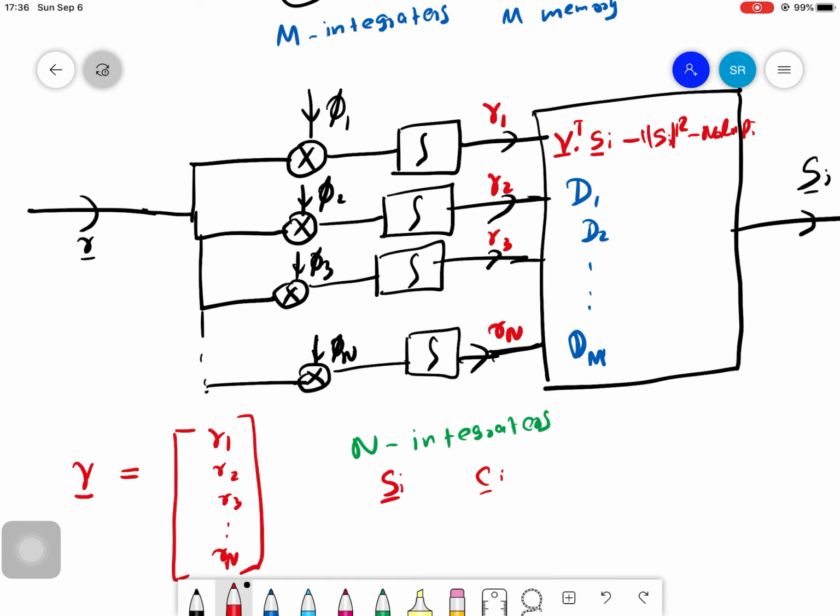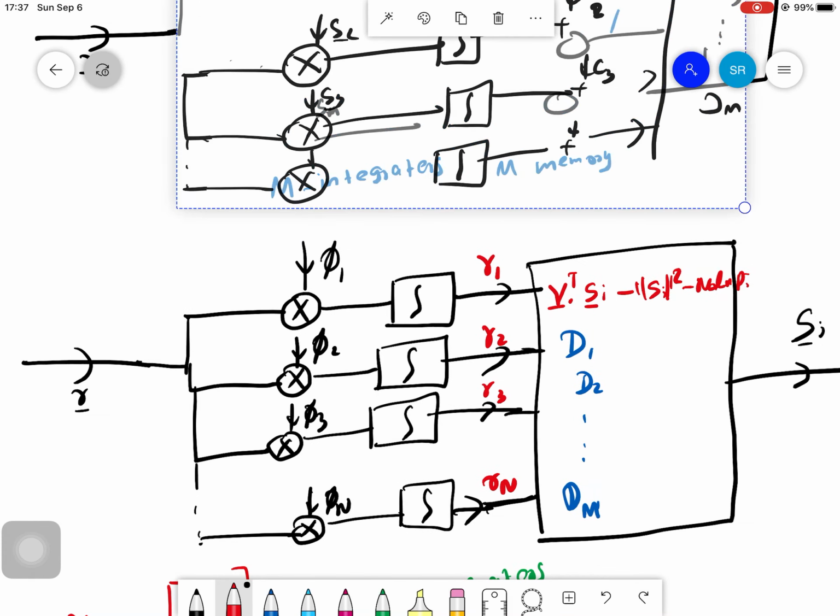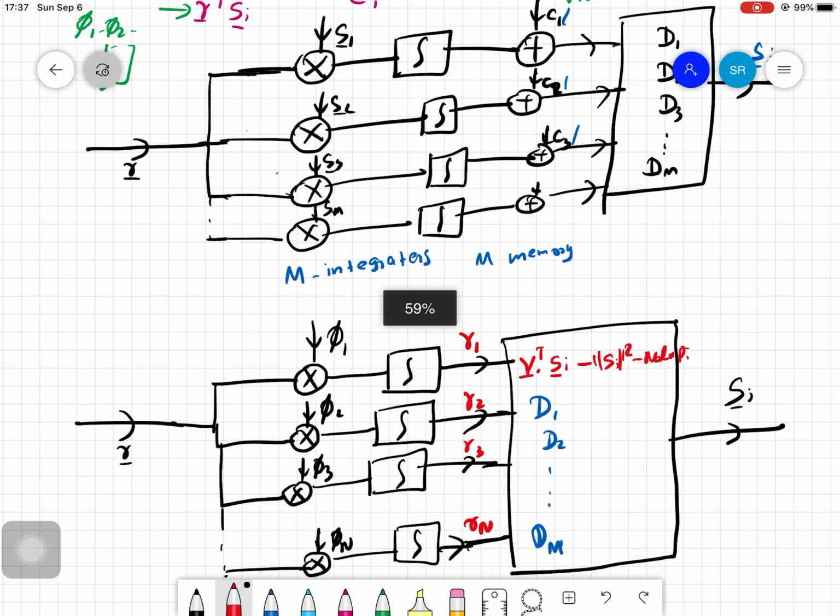And also I have to do a lot of computation, because all the calculation I give to the computer. I reduced the number of integrators, but I increased the number of memory elements and the processing. So these have pros and cons, and if you're going to choose between the two approaches, it depends on our requirement or our applications.